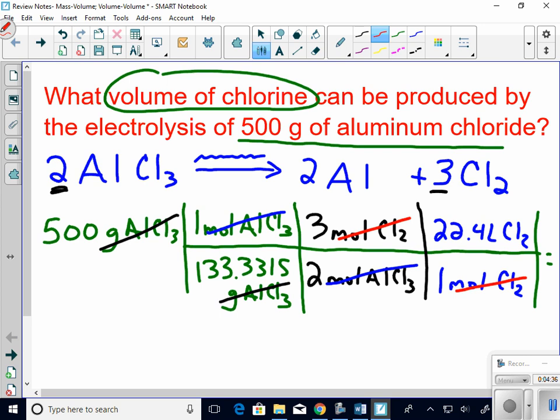My final label is going to be liters of chlorine gas. Is that going to give me a volume? Yes, it will. So when I do my math, I'm going to multiply by everything on the top and divide by everything on the bottom.